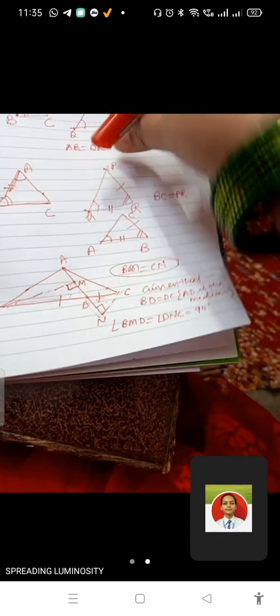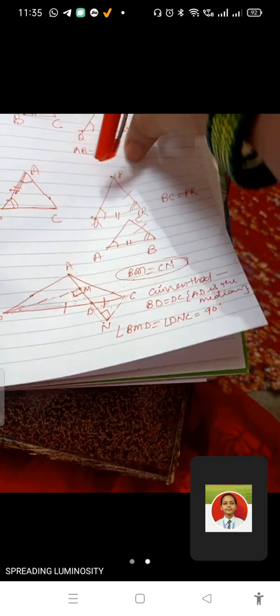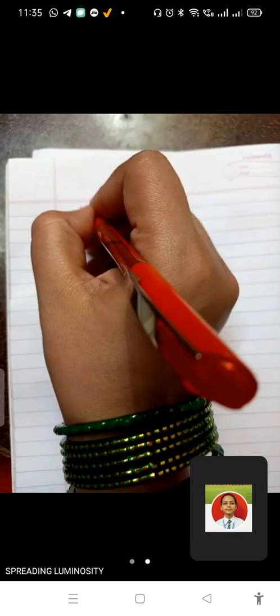Let's prove. In triangle BMD and triangle DNC, write the given values. BD is equal to DC. Reason: given. It is AD is the median.